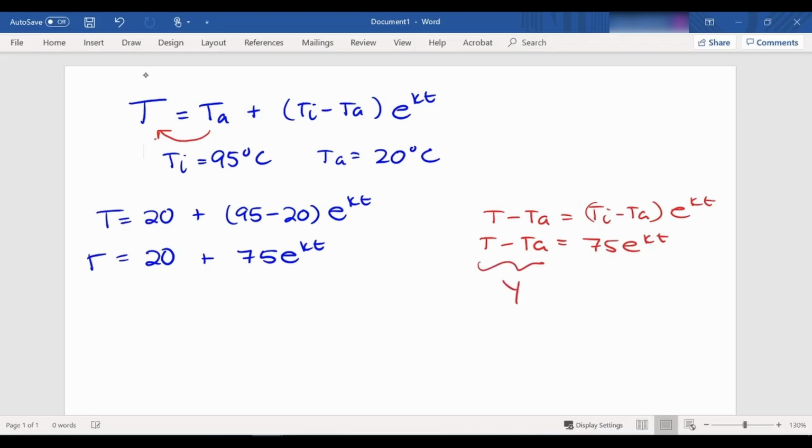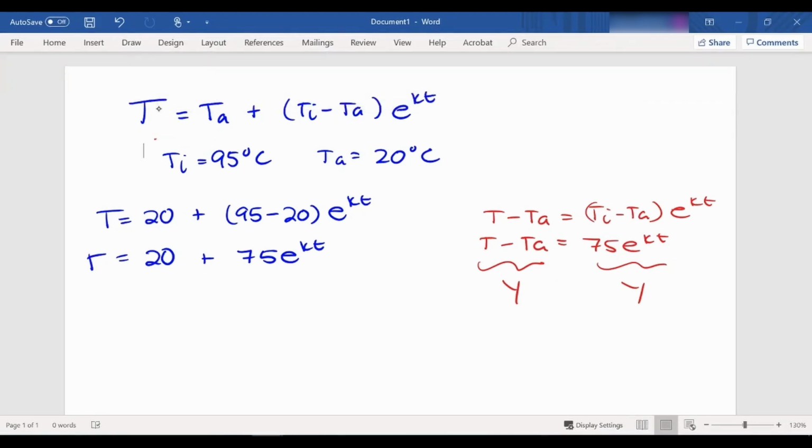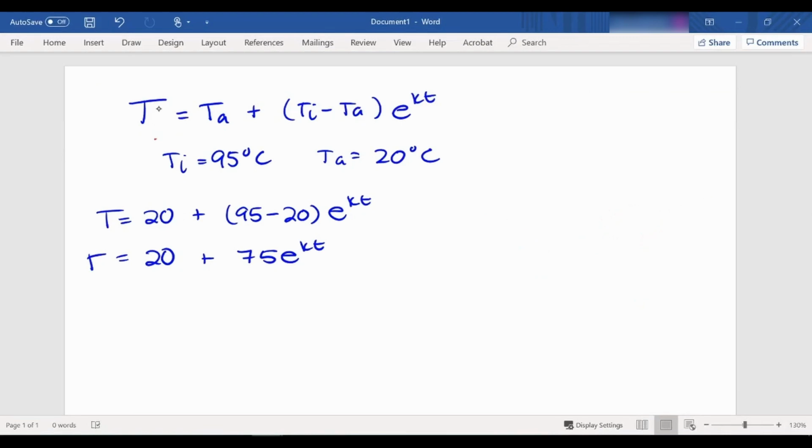And notice how this was our y and so was this. So the math I'm doing is the same. The steps just look a little different. So if I want to use this other equation that I gave you in the notes, I now have this lovely equation I can use.